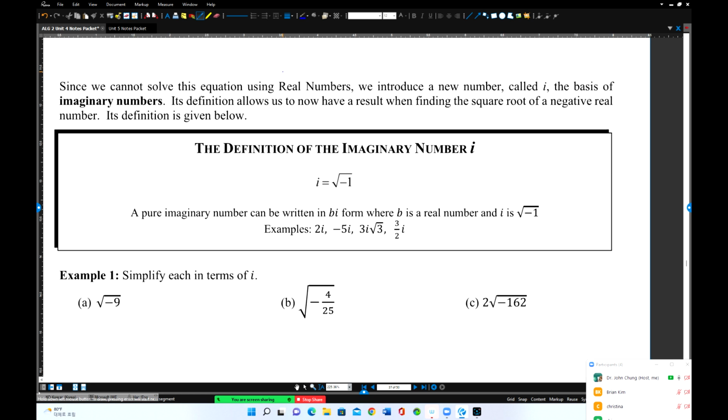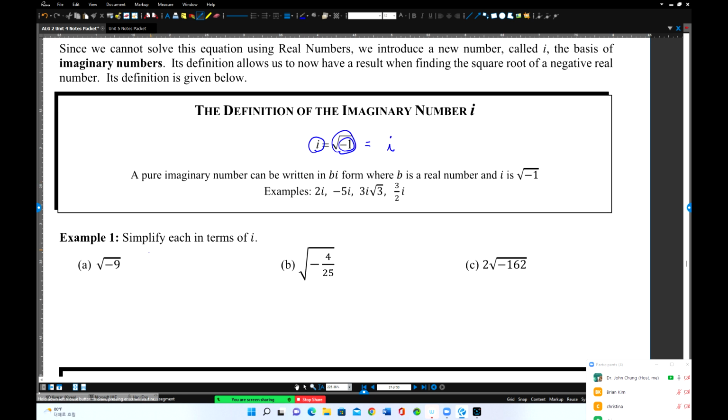All right, so we're going to simplify. When you have an imaginary number inside a radical, we cannot leave it this way. We always need to express it in terms of i. That's our rule. So we replace the square root of -1 with i. So you have the square root of negative 9. We're going to express this in terms of i. Take a look.